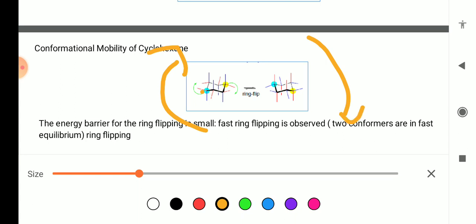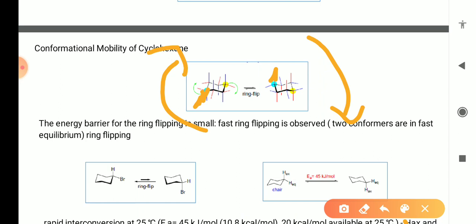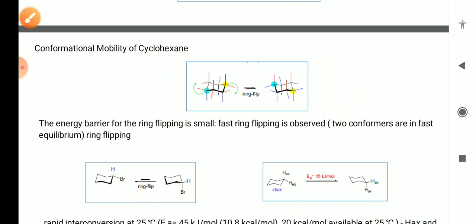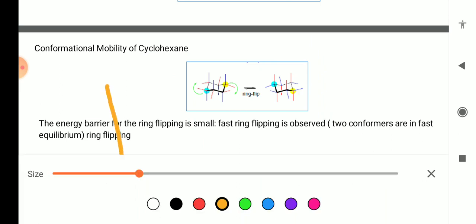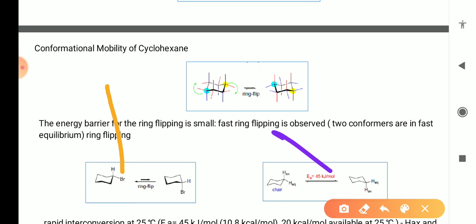We can see these carbons are presented here. It is called ring flipping. And for ring flipping, some energy is required. So how much energy is there? Let me see.